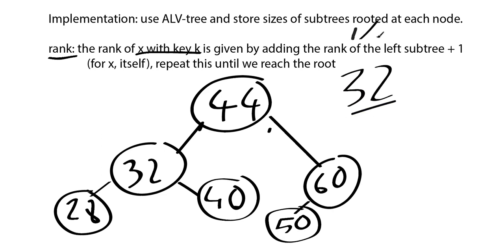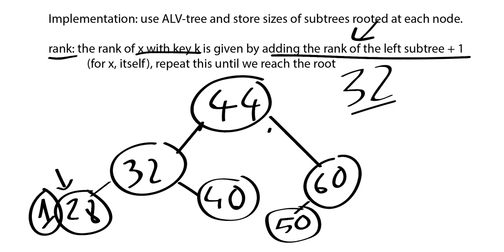Well, we follow this algorithm, and the first thing it says is add the rank of the left subtree plus 1. So the rank of the left subtree is always going to be 1. All the leaf elements must necessarily have rank 1 because their subtree is size 1.